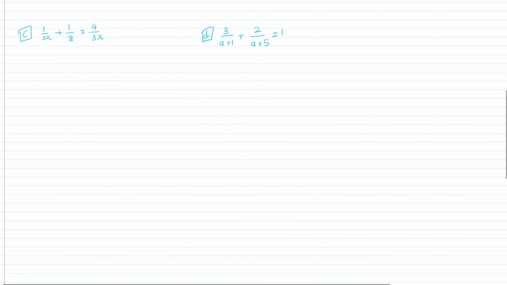8x. Okay, students, right now what if we have two or three fractions on one side? Two rational fractions, two algebraic fractions. Algebraic fractions contain variables, so variables and numbers on one side.